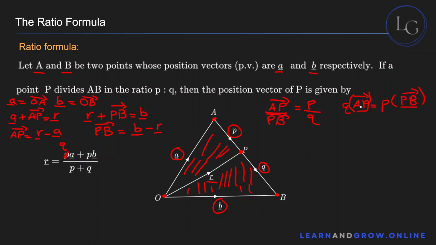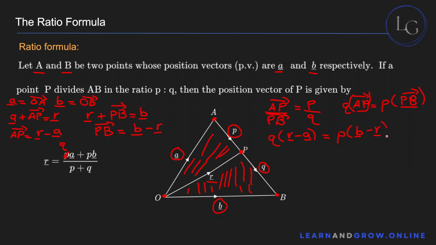So we'll replace this AP with r minus a. So q into (r minus a) is equal to, and this PB is equal to b minus r, so p into (b minus r).